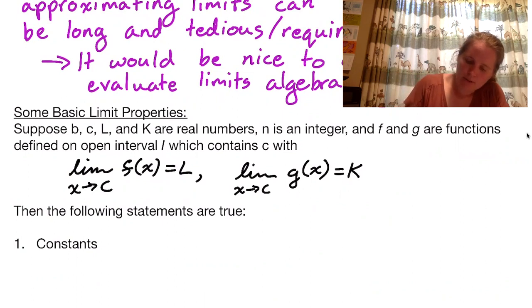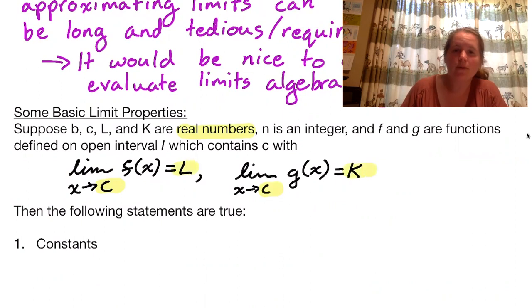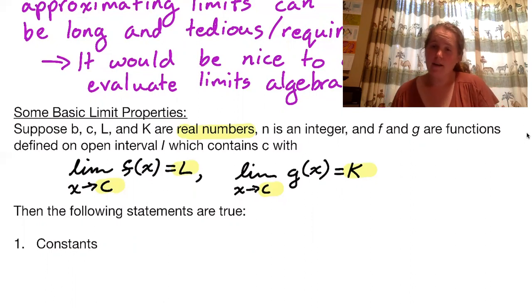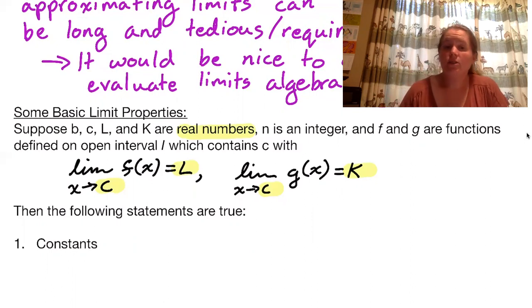C is a real number, L and K are both real numbers as well. N is an integer, we'll see N in a bit. And F and G are functions defined on an open interval I, which contains C.